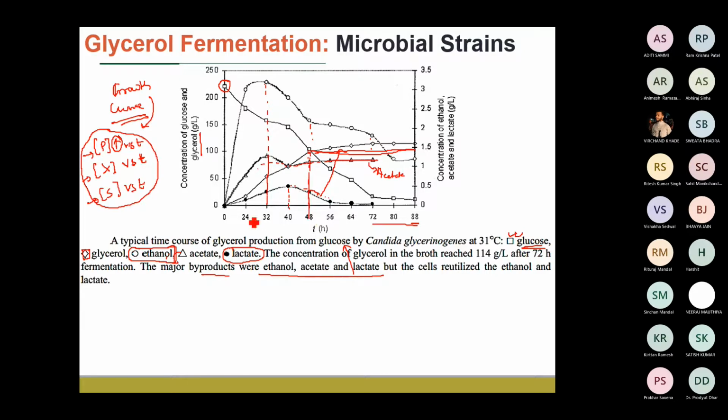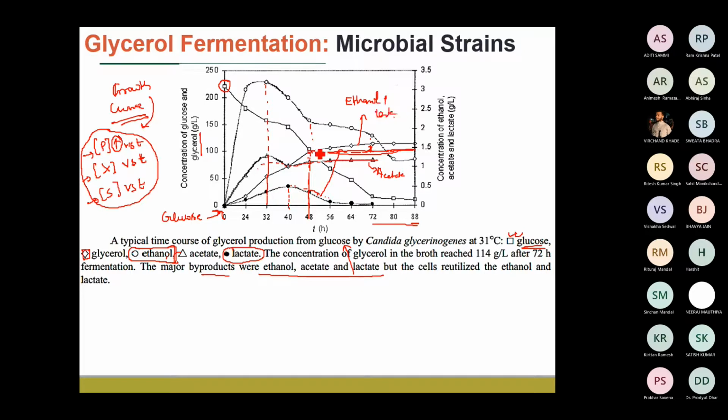Until 48 hours, whatever glucose, the raw sugar, is there is converted into glycerol. And after that, there is a bit of increase in the production that is coming from the byproducts that are there. And the byproducts are the ethanol and the lactate.